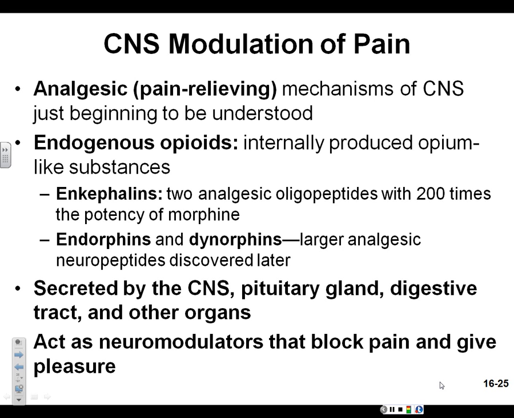Again, you have your enkephalins and then your endorphins or your dynorphins. These are your larger analgesics, or your neuropeptides. The oligopeptides are a little bit smaller in terms of your enkephalins, but they are secreted by our central nervous system, pituitary, and our digestive structure. So they act as neuromodulators. They try to block the pain receptors, so if pain is not being transmitted, it gives us the release of pressure.